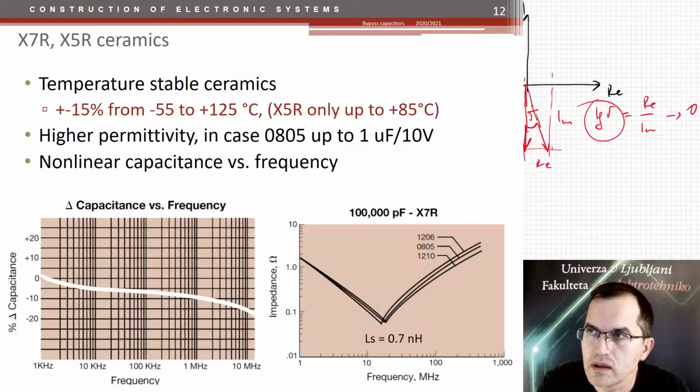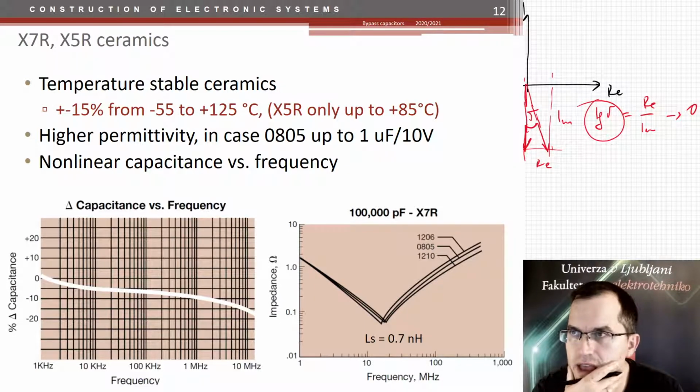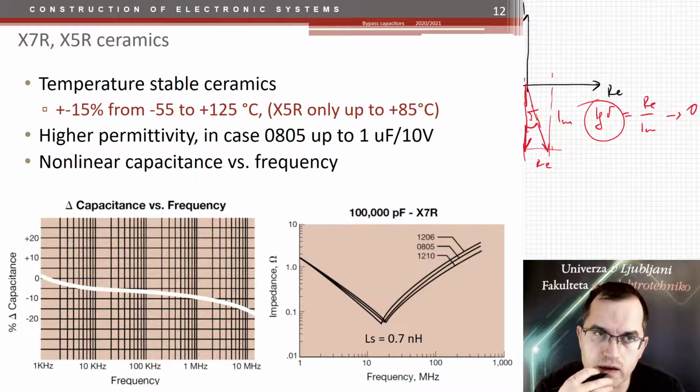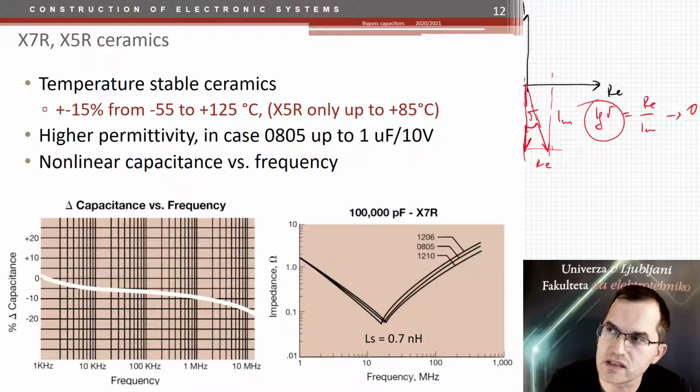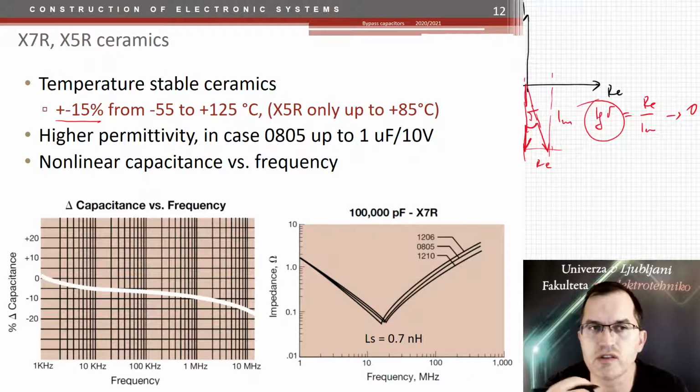Now, the next group of materials is X7R or X5R. This is ceramics which has higher dielectric constant, higher permittivity. The capacitance values are therefore higher in the same case, but it's worse in case of the tolerance. The temperature coefficient is quite high, so they are not intended for very stable capacitance for filters or oscillators anymore.